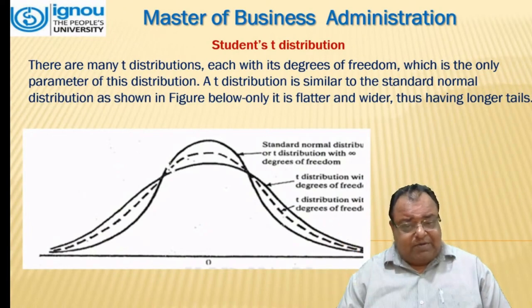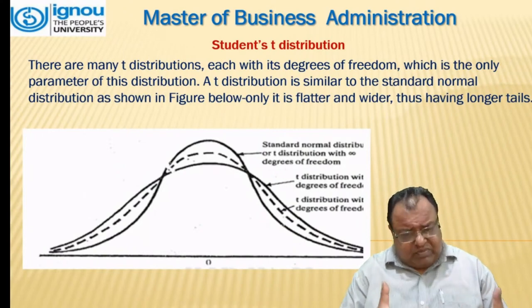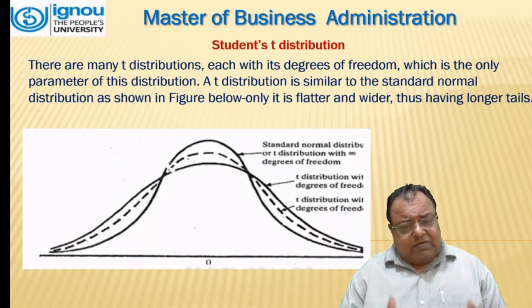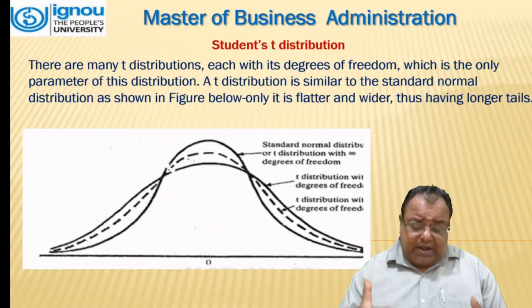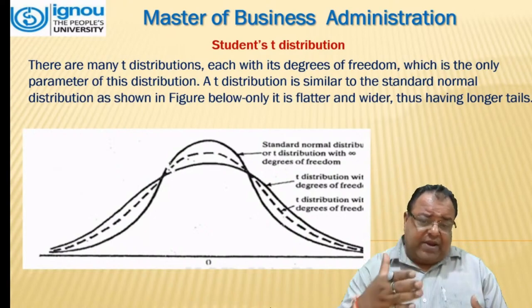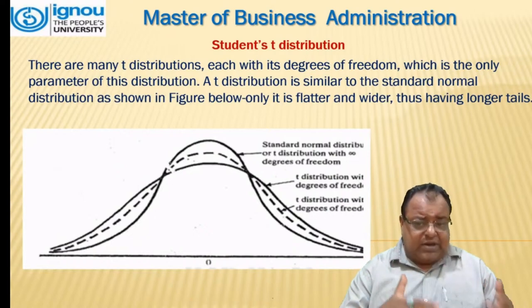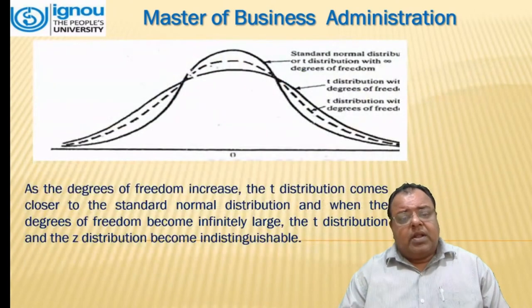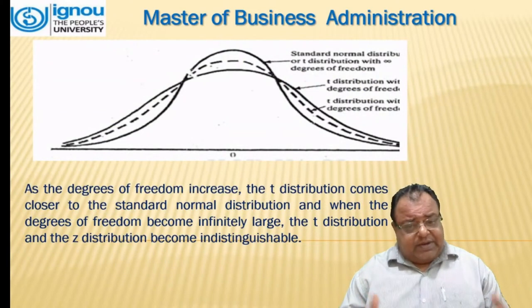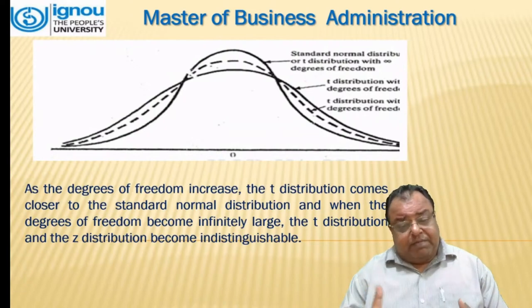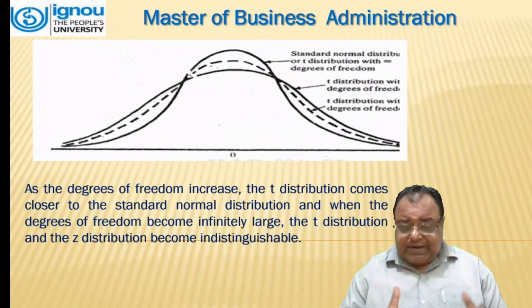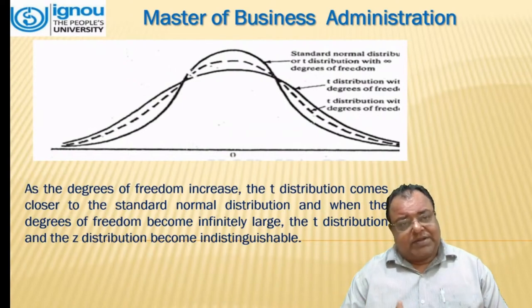As the degrees of freedom increase, the t distribution comes closer to the standard normal variate, and when the degrees of freedom become infinitely large, the t distribution and the z distribution become indistinguishable. That means it converts into the normal variate.